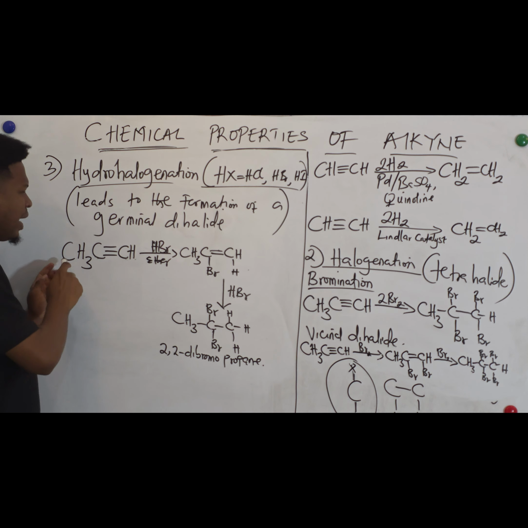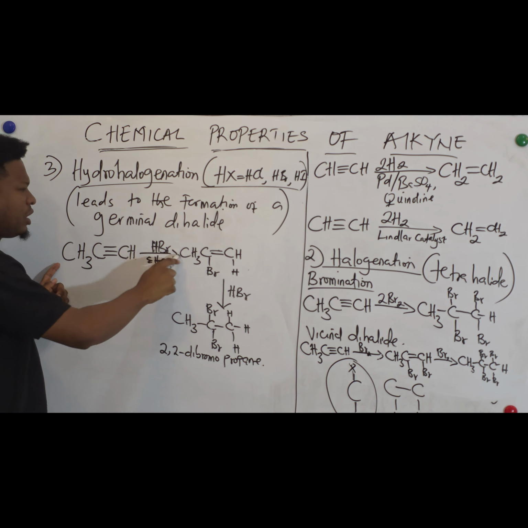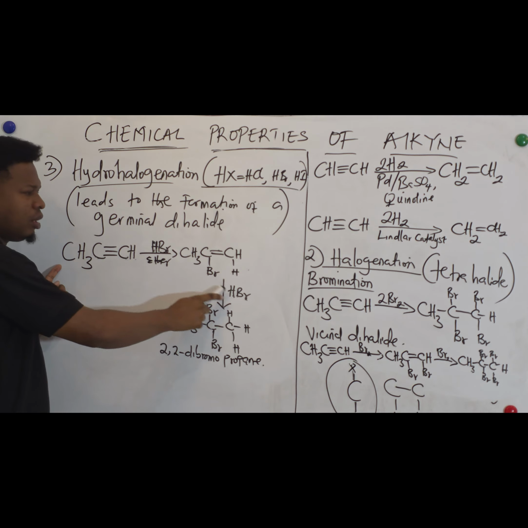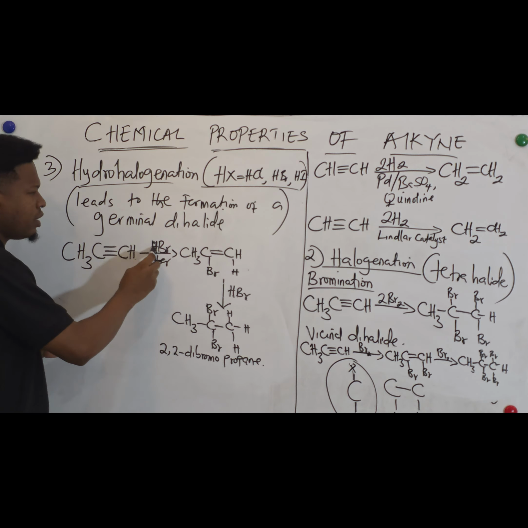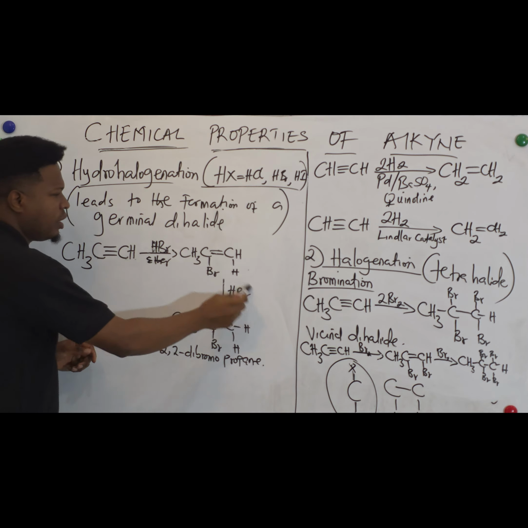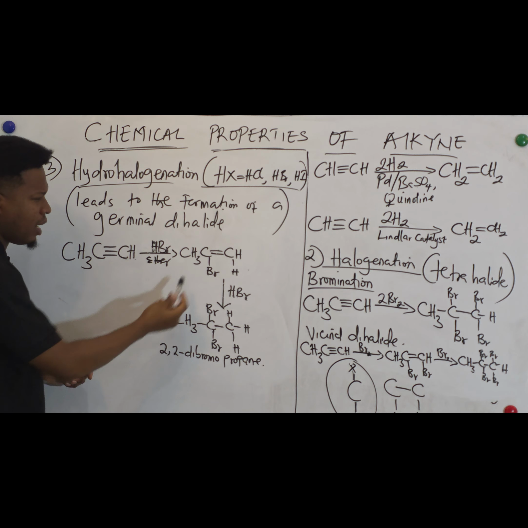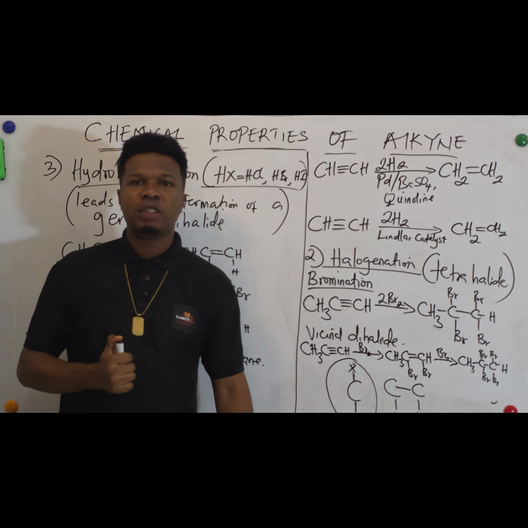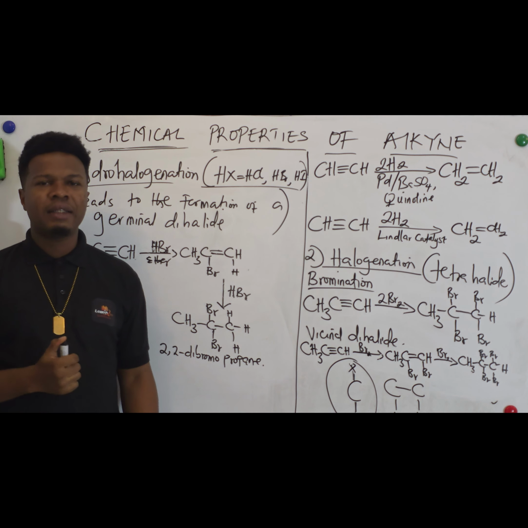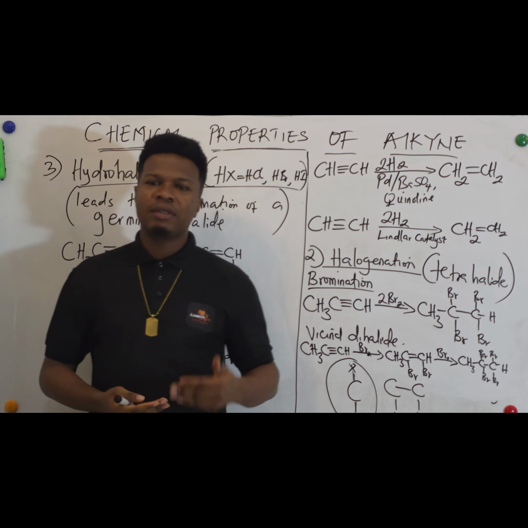What happened here for the first one is a partial hydrohalogenation. When it now completes with the second one, because remember you have to use 2 moles of this guy, one of these will react with this, one of these will react with this again, so that we can have this. So this is what we call hydrohalogenation of alkyne, which forms a geminal dihalide.